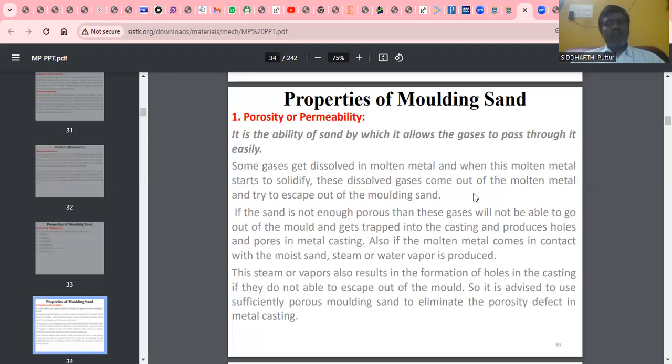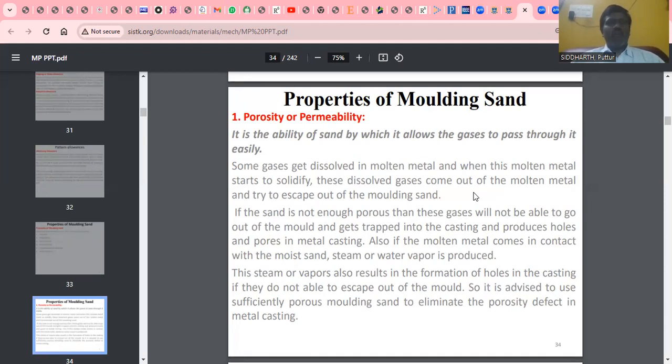we are going to use a sand. After ramming the sand on top of this pattern or inside the mold, it is properly cured. After that, we remove the pattern from the mold and the mold cavity is formed. Inside that mold cavity, we pour the high temperature molten metal.